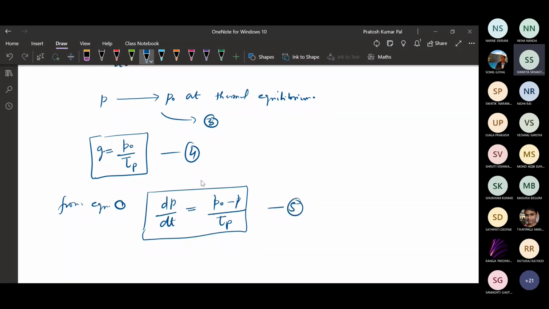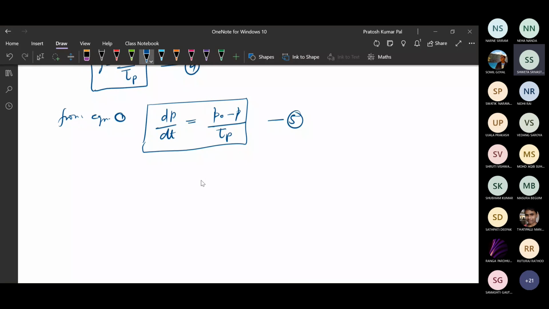This is the rate of change of p, that is holes per unit time, but whatever excess amount of holes are there is basically given by p dash.